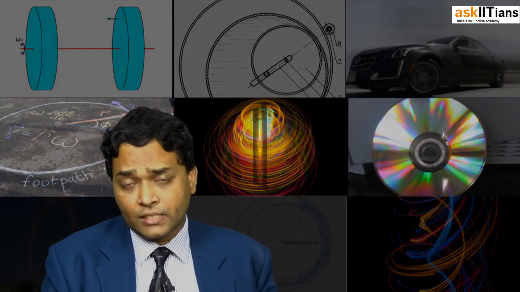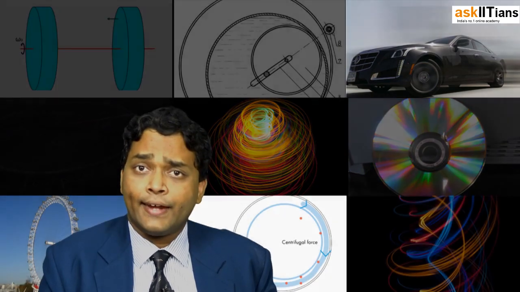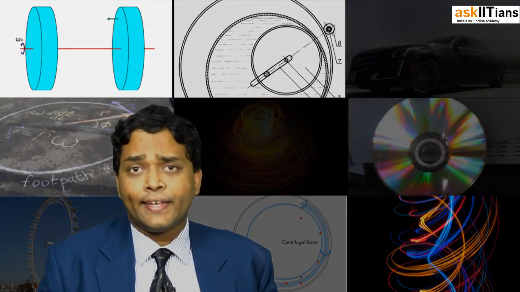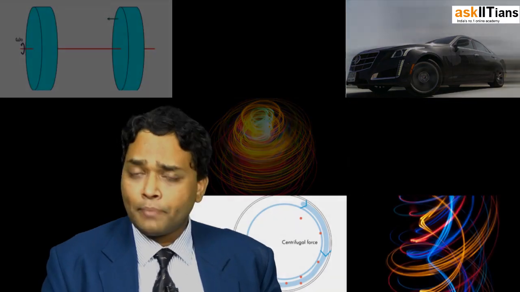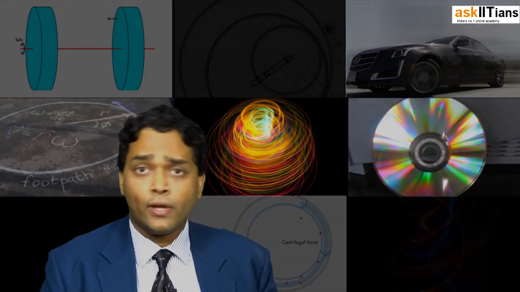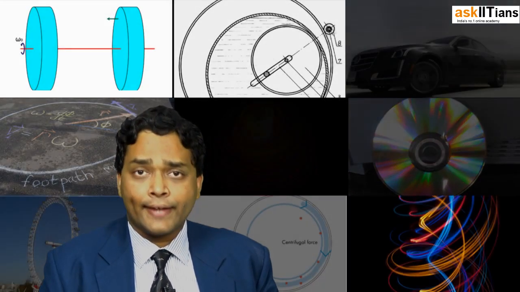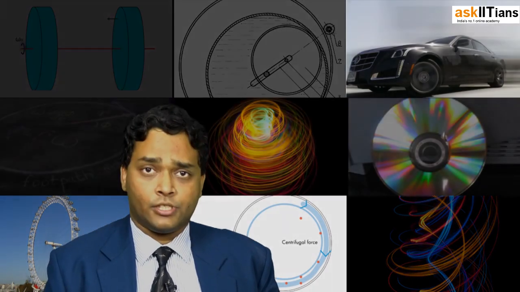So students, we learned about the types of rotation and therefore the types of kinetic energy: the linear kinetic energy and the rotational kinetic energy. The rotational kinetic energy depends on the moment of inertia. Ultimately, it is going to be dependent on the mass, but there is going to be a factor which comes from the moment of inertia.